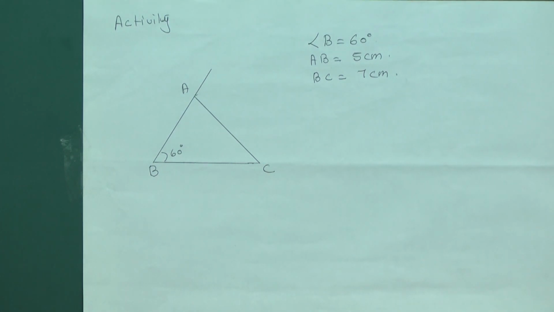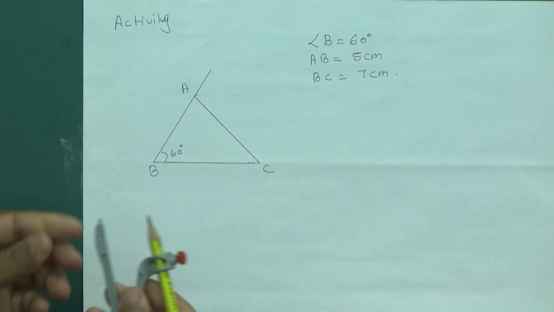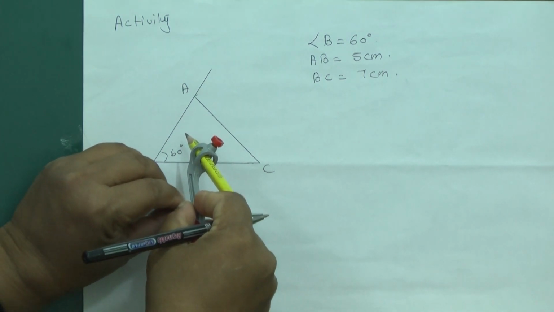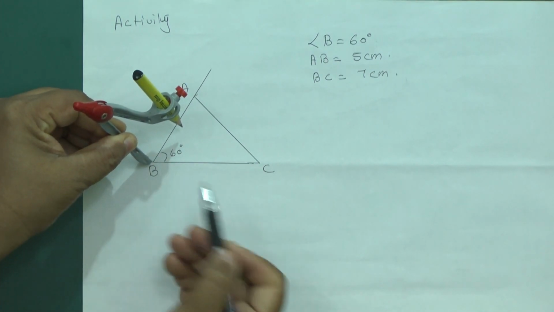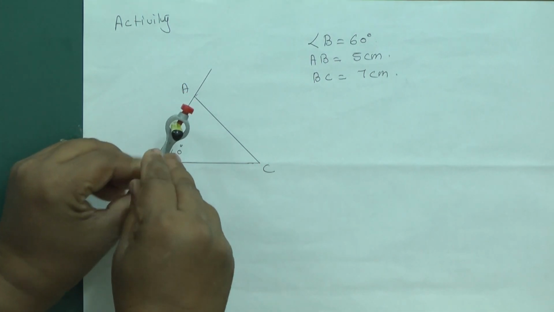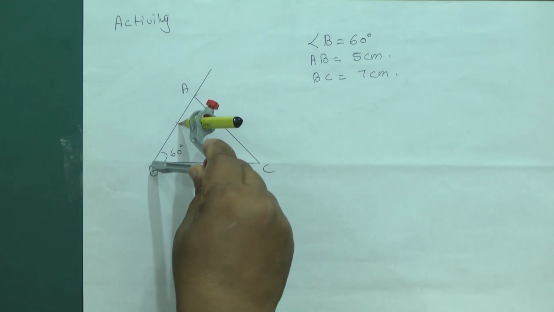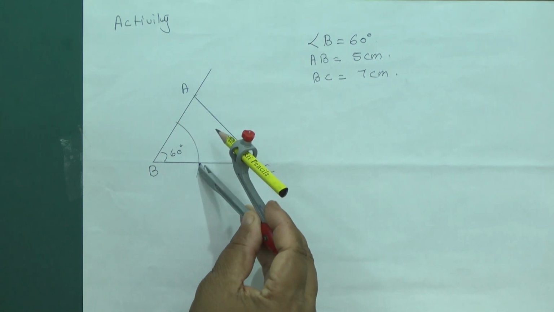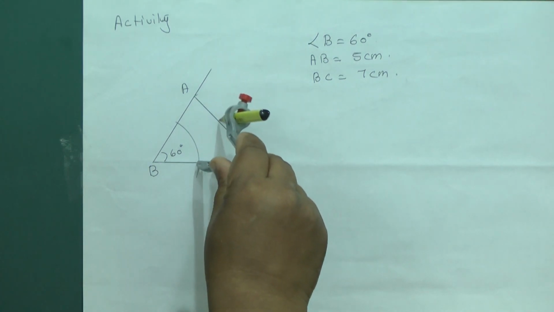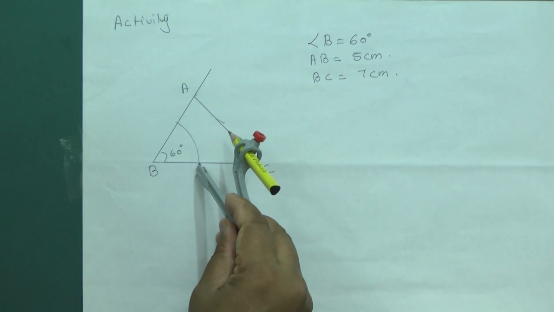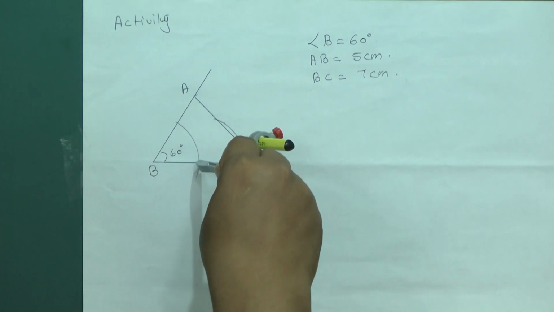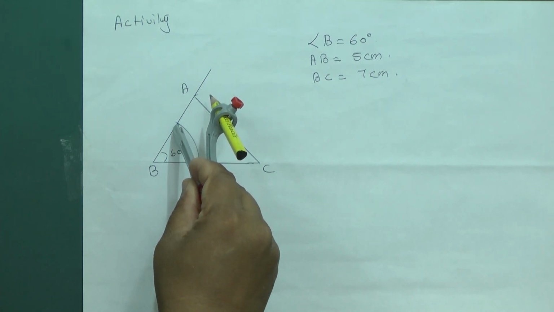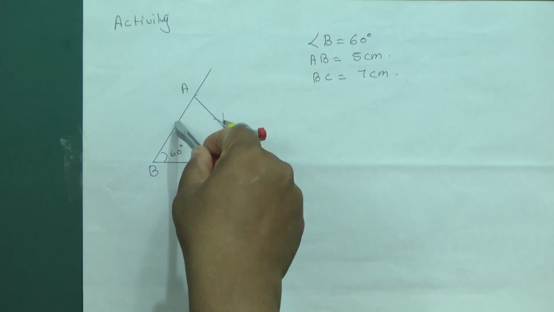Now I will be bisecting the angle B. For bisecting the angle, I will keep the pointer of the compass on the point B and give an arc. Now keep the pointer where the arc intersects line BC and give an arc here. Keep the pointer where the arc intersects line AB and give an arc here.